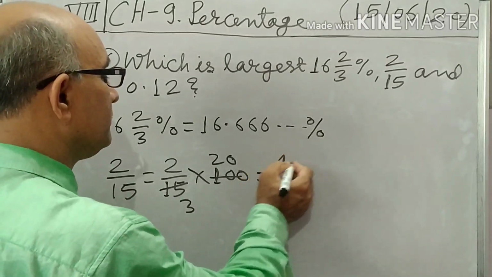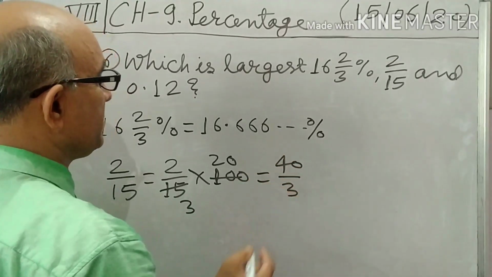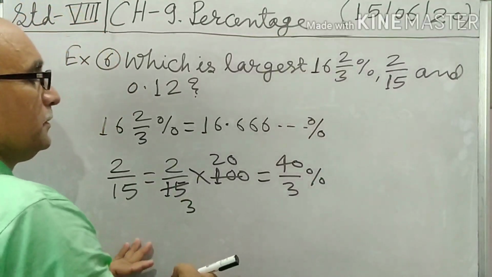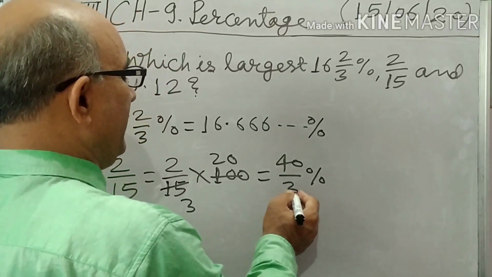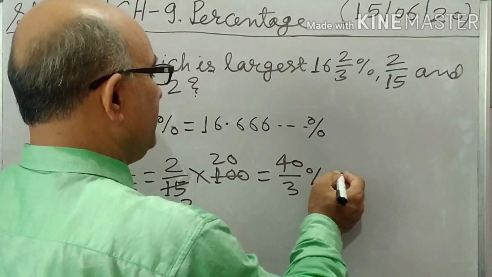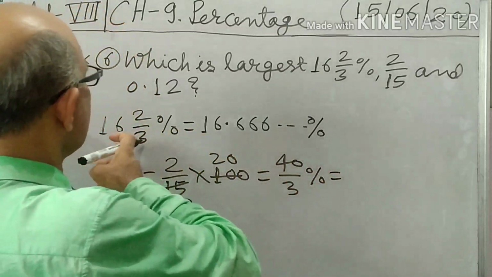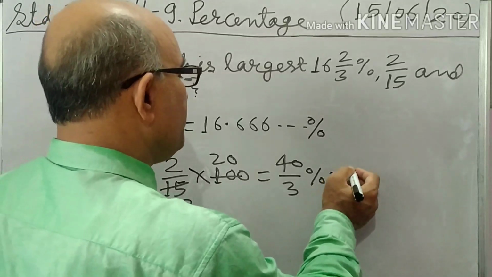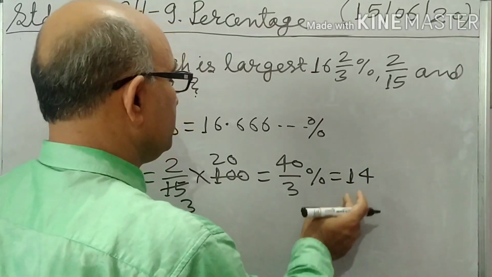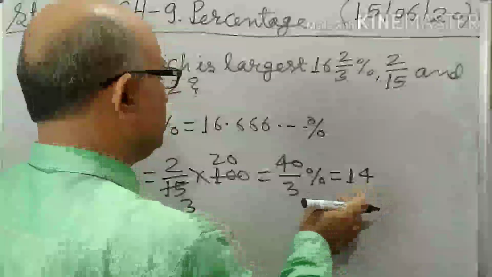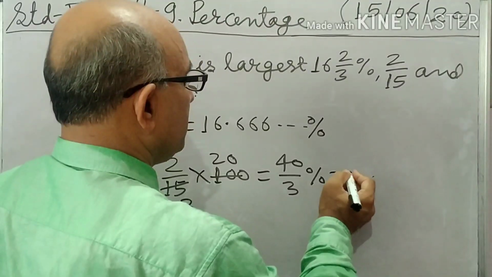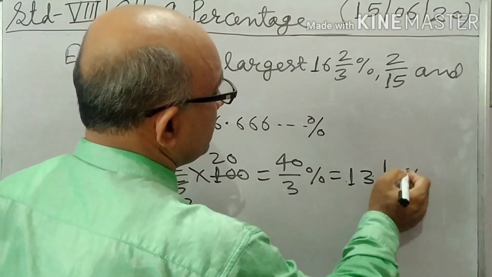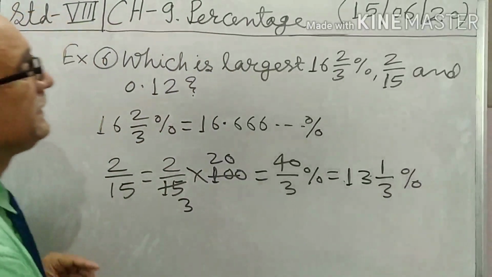Now it changes into 40 by 3%. 40 by 3% means, compared with 16 whole 2 by 3%, it is 13 whole 1 by 3%.